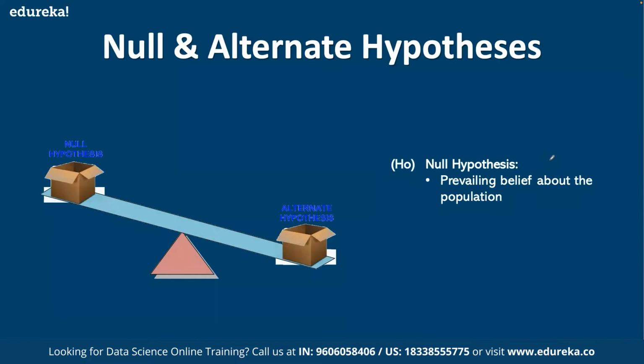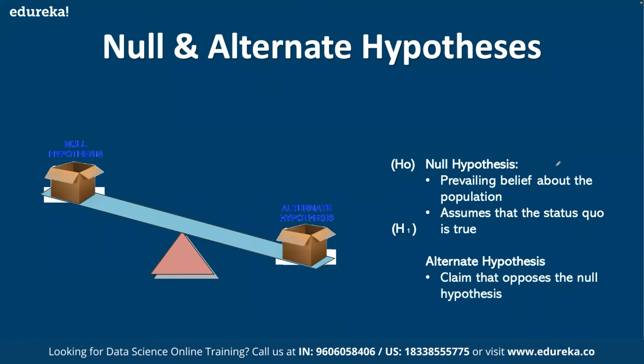The null hypothesis refers to the existing belief about a population, so we assume that the status quo is actually true. And we have something called H1, which we use to represent the alternate hypothesis. This is a logically opposite statement of my null hypothesis.